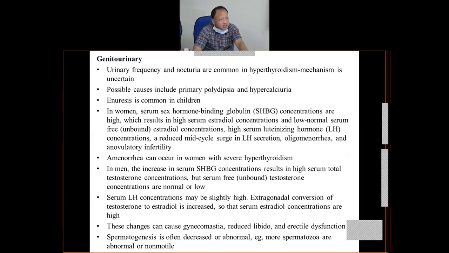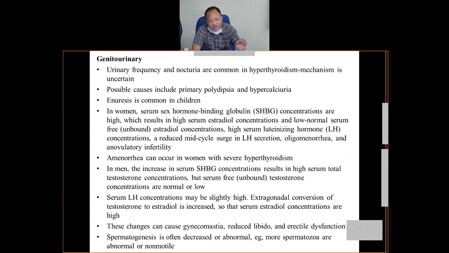Genitourinary: patients can come to you with nocturia, and the mechanism is uncertain. The possible causes include primary polydipsia and hypercalciuria. Enuresis is common in children, where the patient can have bedwetting at night. In women, sex hormone binding globulin concentrations are high.